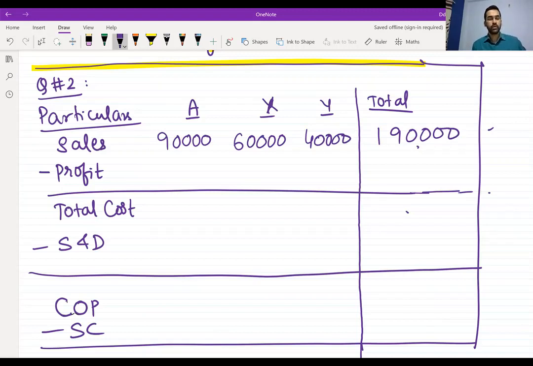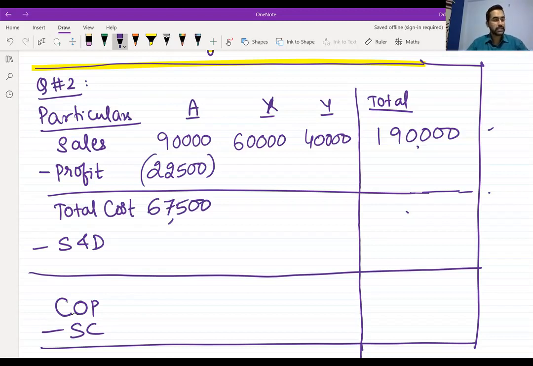Okay. From this, you'll have to deduct profit. Profit is given as a percentage on sales. For A, 25%. So this will be 22,500, 25% on 90,000. I'll deduct it and write 67,500.